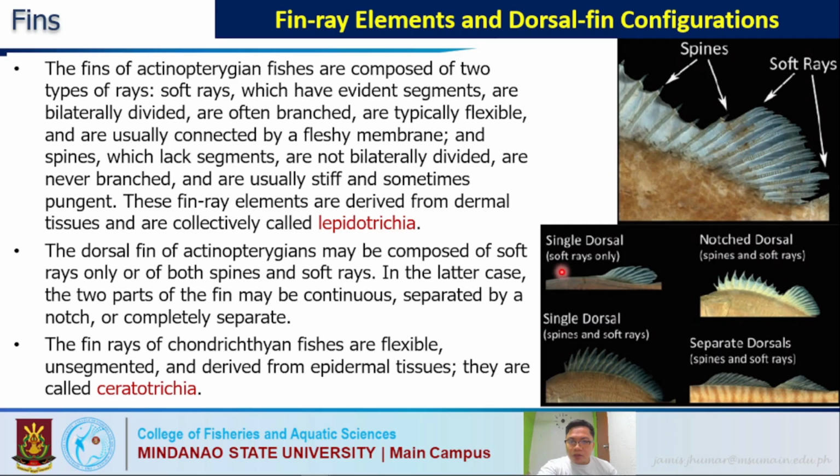Some of the fishes also have only soft dorsal rays or soft dorsal fins, and some have spines and dorsal rays. We call it the notched dorsal. So it is separated into two dorsal fins, and some have single dorsal spines and soft rays.